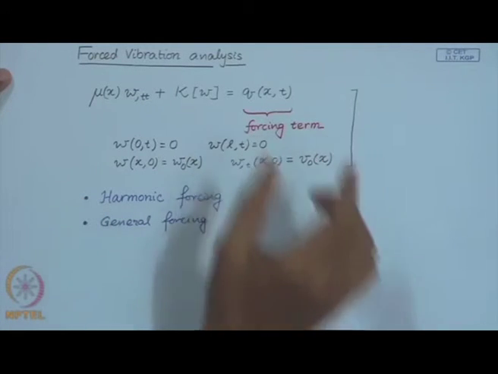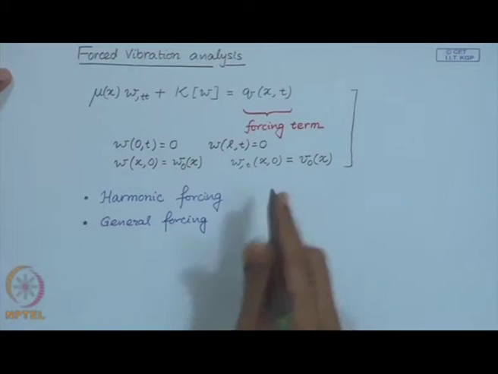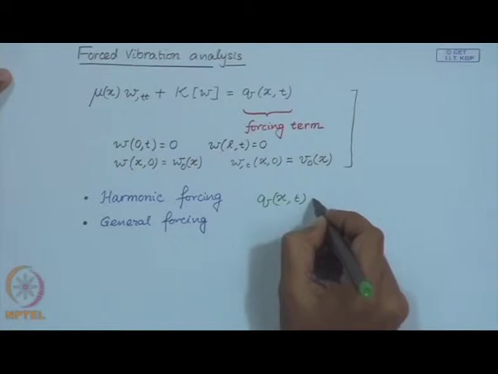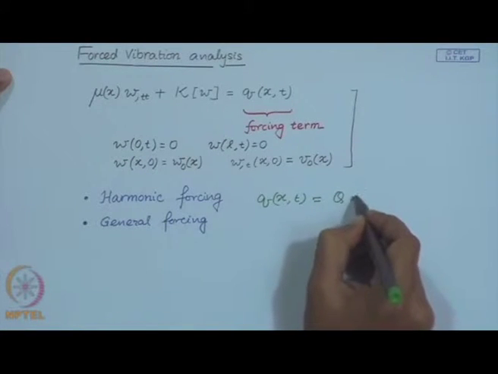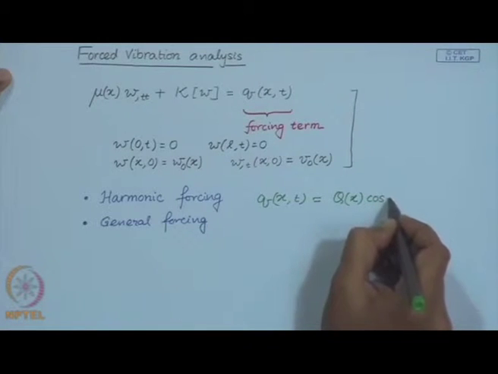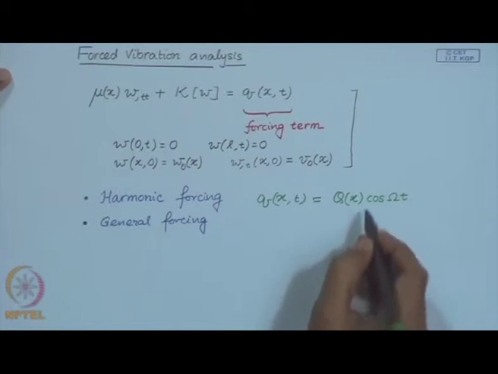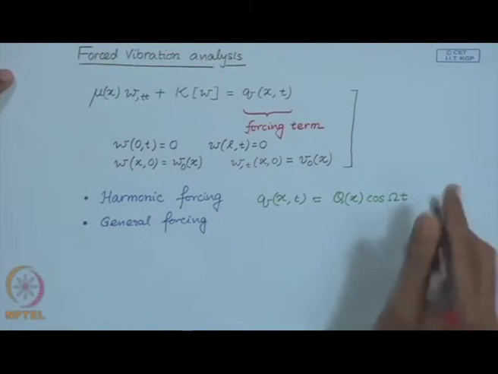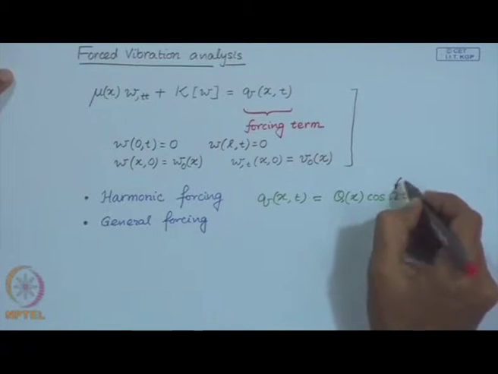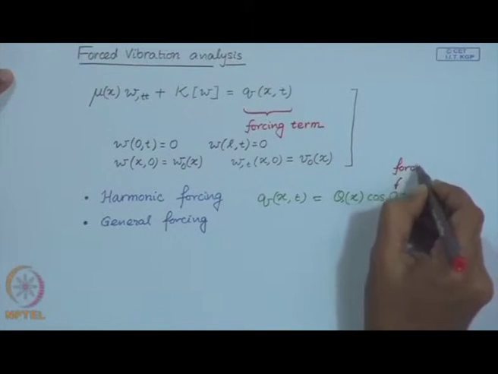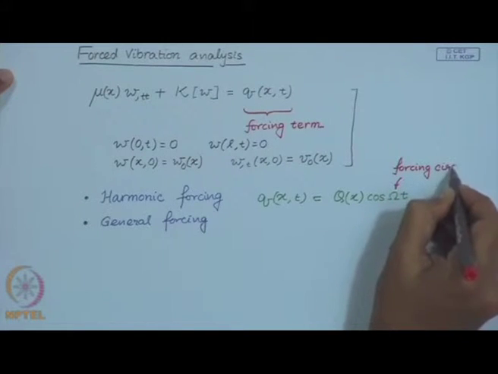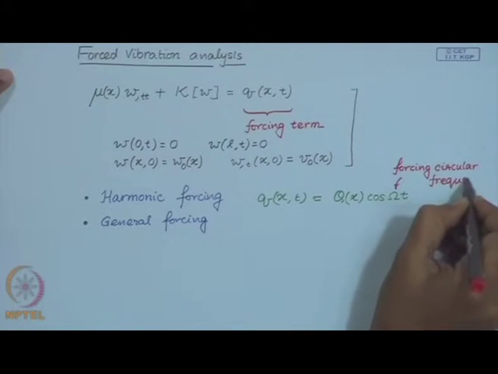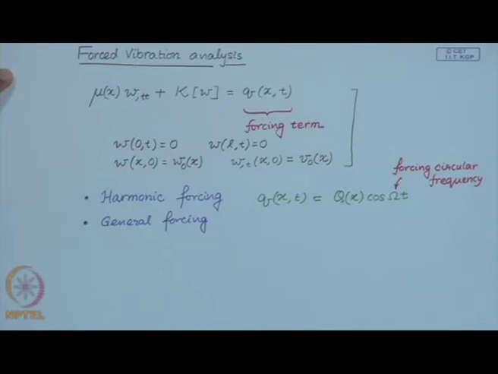In the harmonic forcing, for example, your q of x, t can be capital Q of x times cosine of omega t, where omega is the forcing circular frequency.